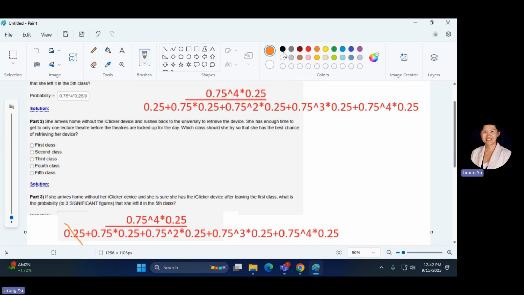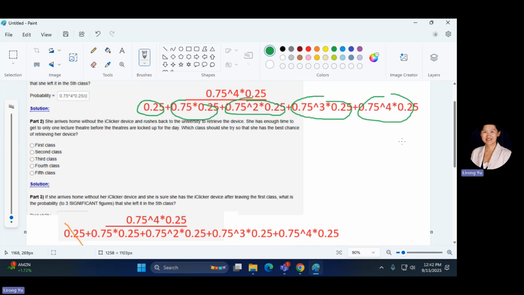So we compare all these chances: probably she left it in the first classroom, the second classroom, the third, the fourth, and the fifth classroom. All five you calculate, whichever is bigger, that's the classroom she should go to first.